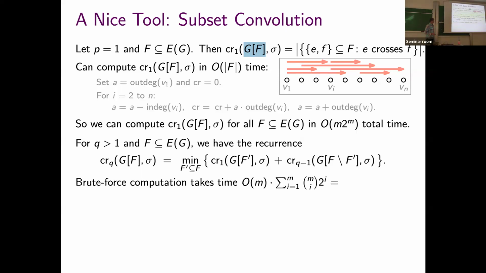So if we do this in a brute force manner, then how much time do we need? Well, each minimum computation goes over all subsets. So we have n choose i possibilities to choose F, and for each, we go through all the 2 to the i subsets F prime.